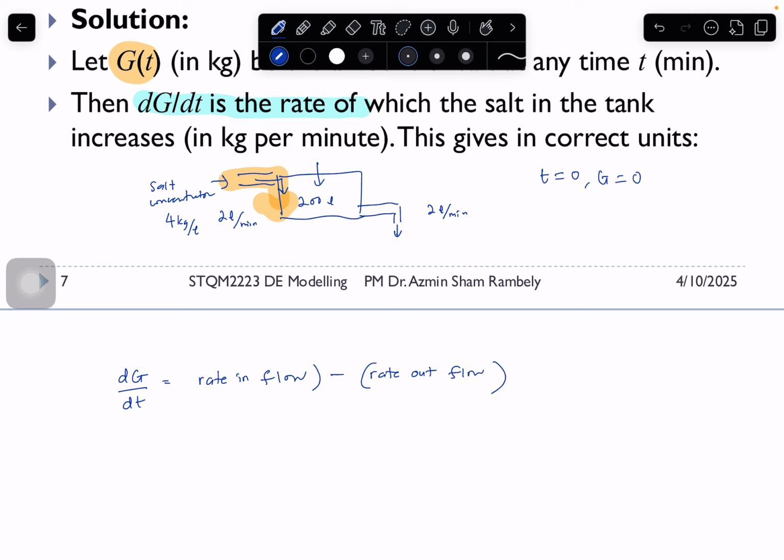Okay, so this is a conservation equation, or momentum equation. The rate of change of anything is equal to whatever the rate in minus the rate out. Okay, it is a balance equation, a conservation equation.